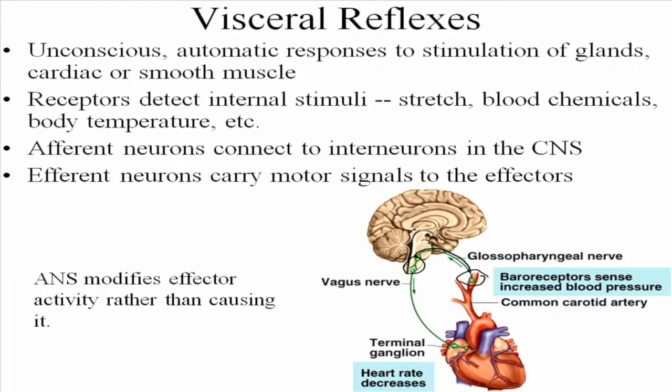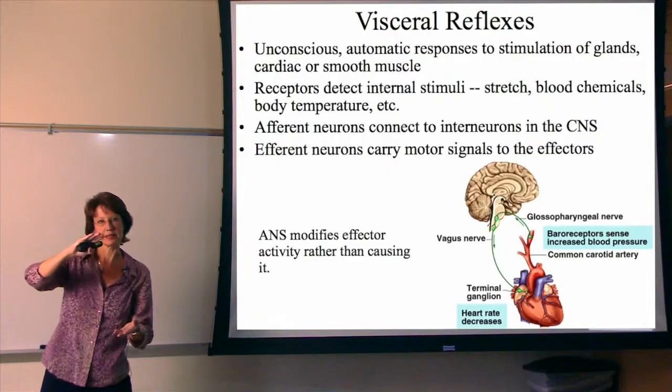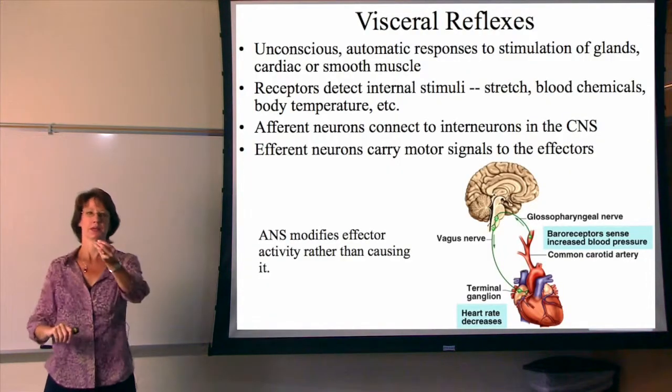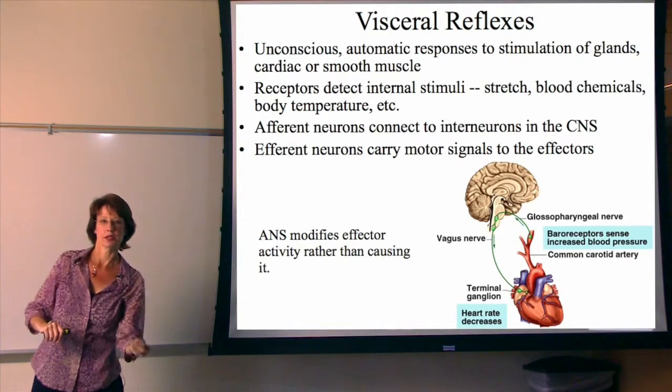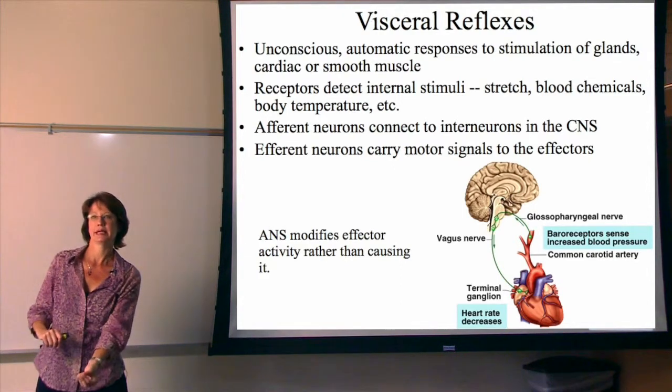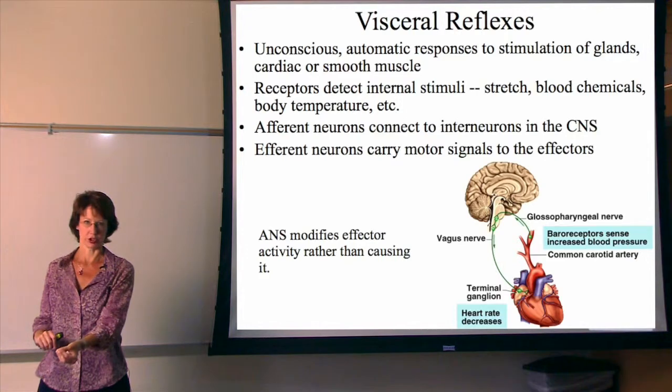And then the autonomic nervous system are the efferent fibers coming out to modify whatever the signal was. So if blood pressure is too high, that is the afferent signal going to the central nervous system, then the efferent neurons will be taking care of lowering the blood pressure.